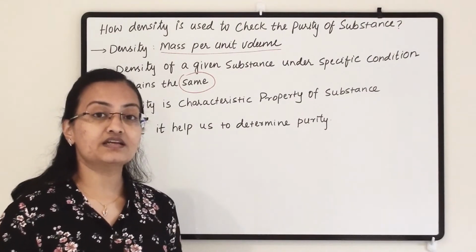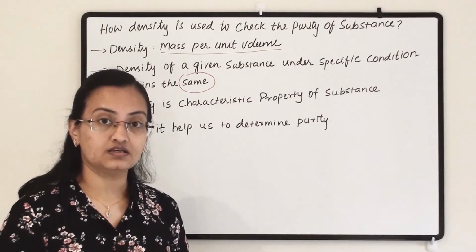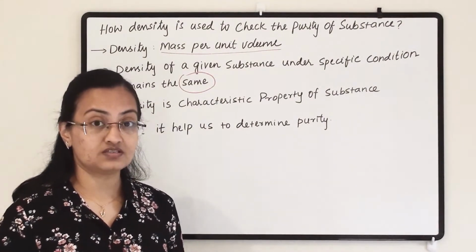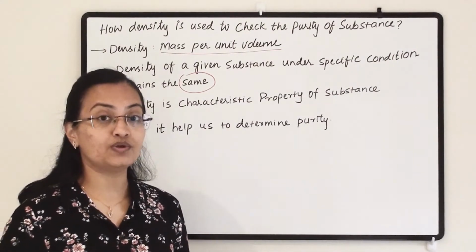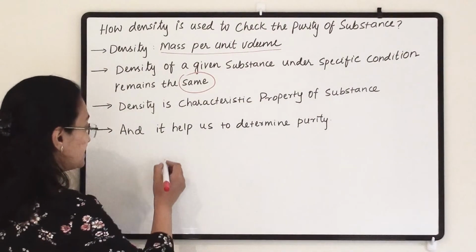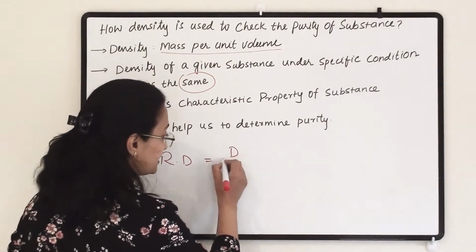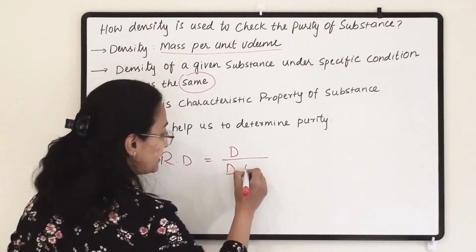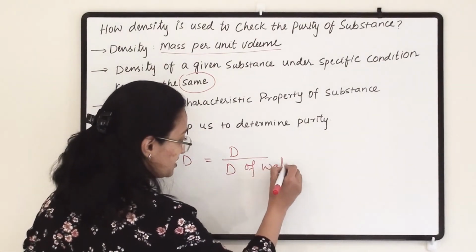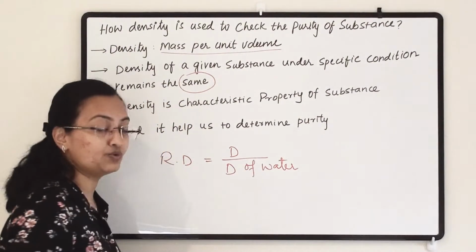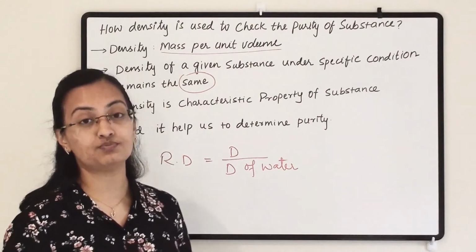Now let us understand what relative density is. Density of a substance is one thing, but relative density is the ratio of the density of any substance divided by the density of water. We know that the density of water is 1000 kg per meter cube.